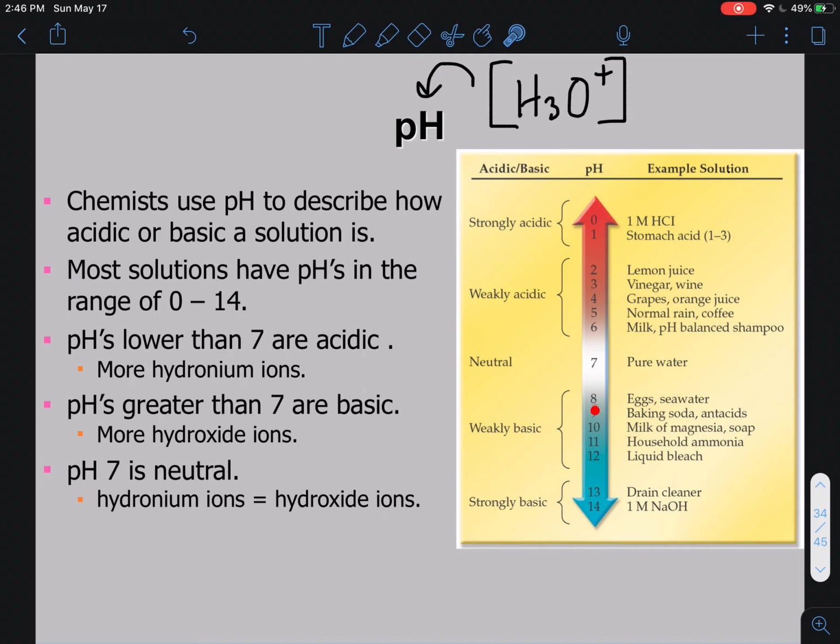And then when we start going more basic, 8, 9, 10, we increase basicity. Our most basic is at 14, and that's 1 molar sodium hydroxide. 13 is drain cleaner. So the take home messages for this scale are understanding what's neutral, what's acidic, and what's basic.